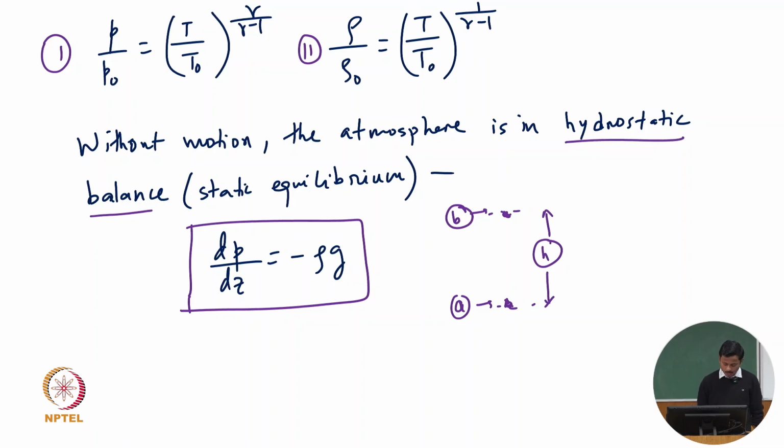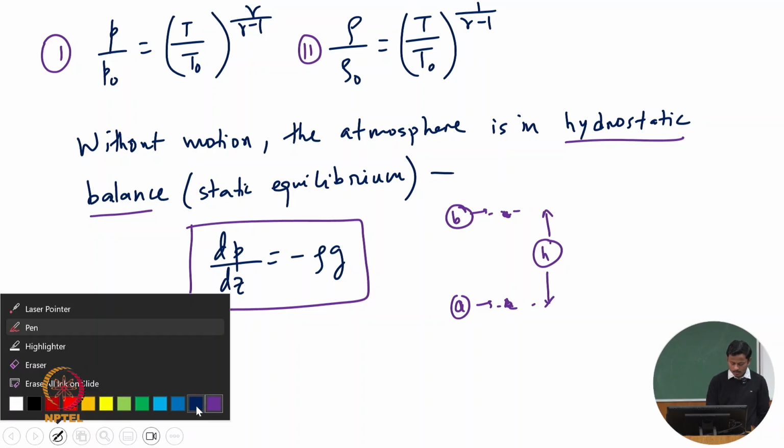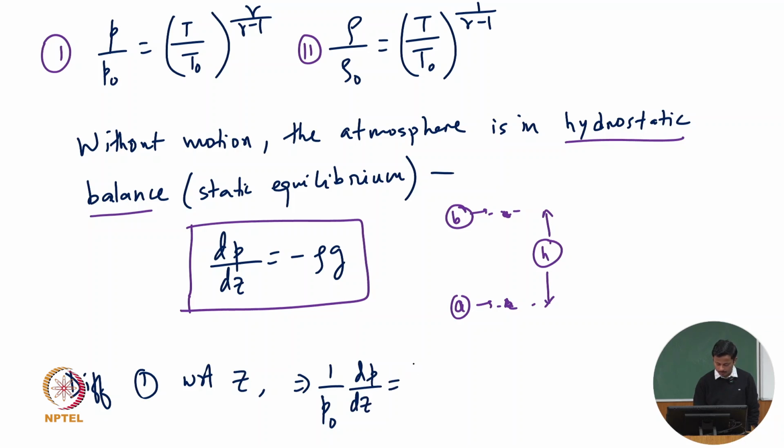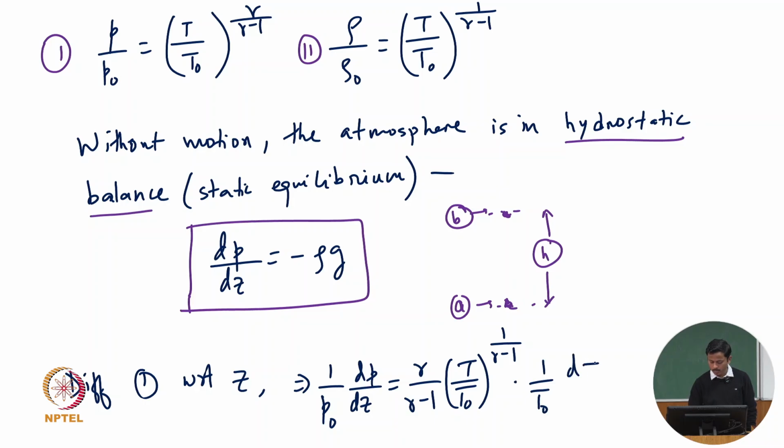So now differentiate 1 with respect to Z. So we have a form 1 by P naught dP dZ equal to gamma by gamma minus 1 times T by T naught to the power 1 by gamma minus 1, times 1 by T naught dT by dZ.